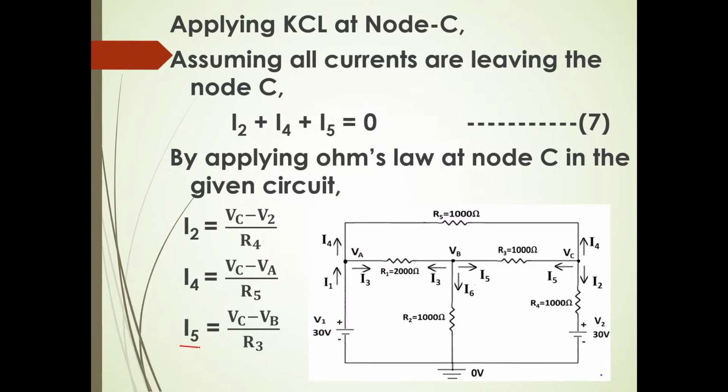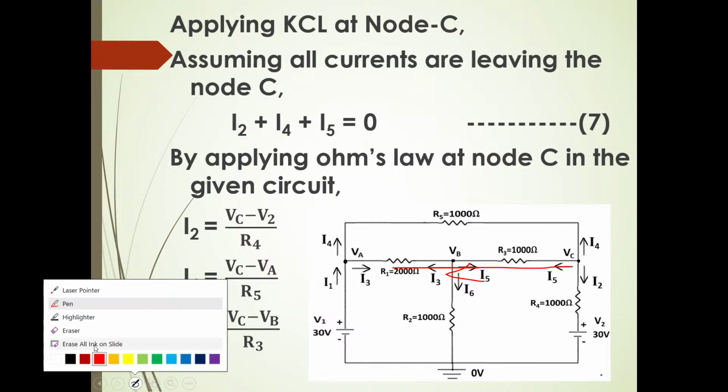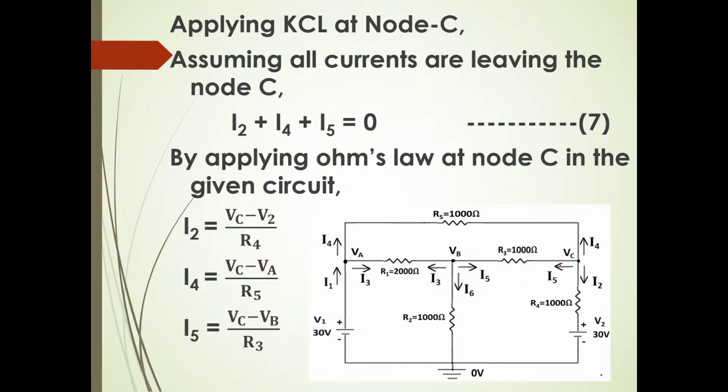And what about I5? I5 current is traveling from Vc to Vb. What is the resistor through which I5 current travels? R3 resistor.